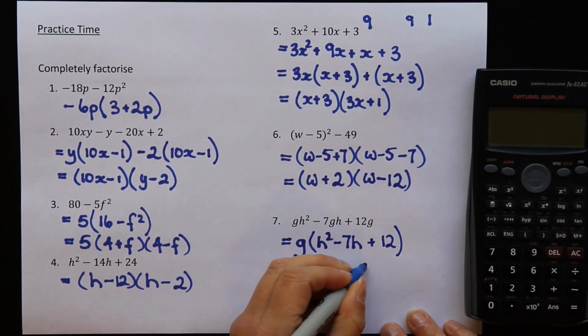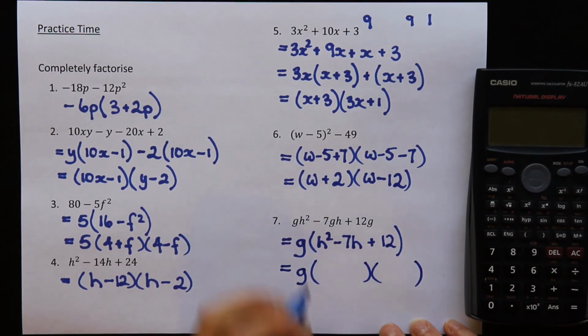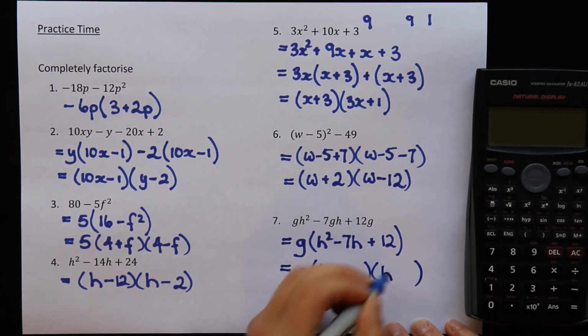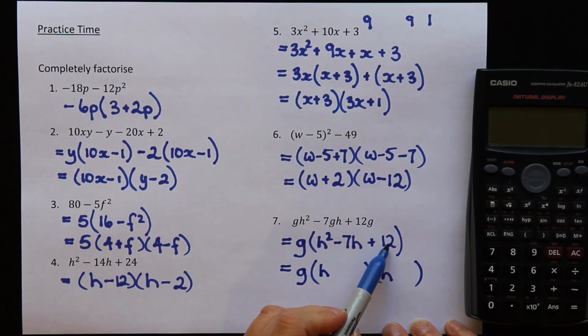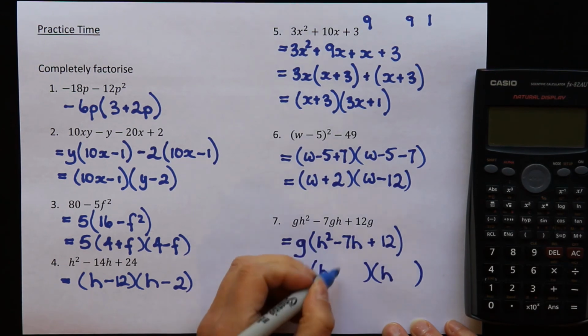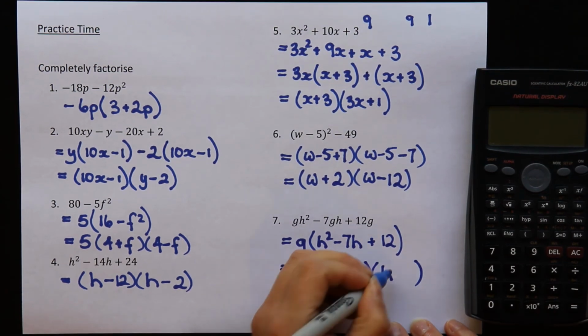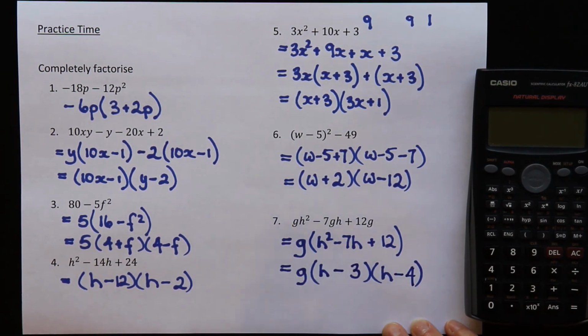Okay, so here's the two brackets. I'm looking for two numbers that multiply to give 12 and add to give a minus 7. Well, 3 and 4 times to give 12, and minus 3 and minus 4, if I make them negatives, would give me the negative 7 and still multiply to give a positive 12.